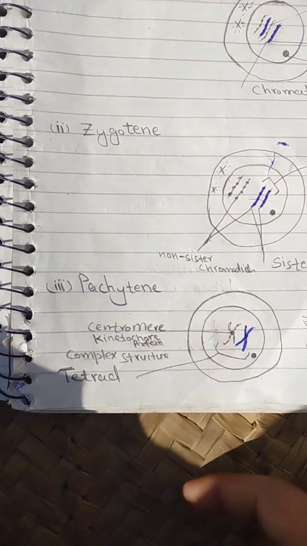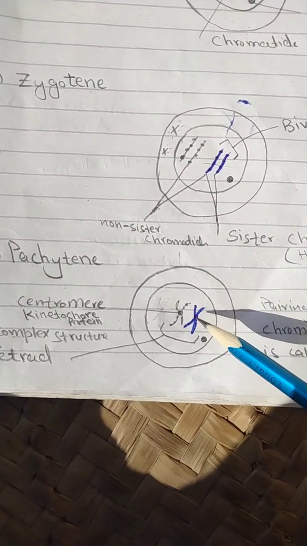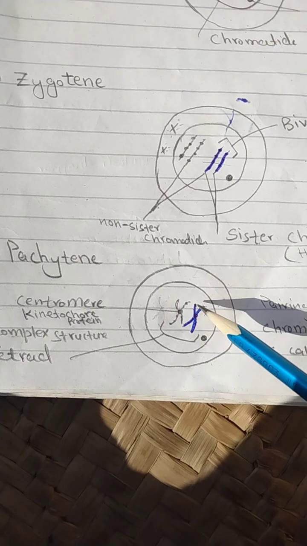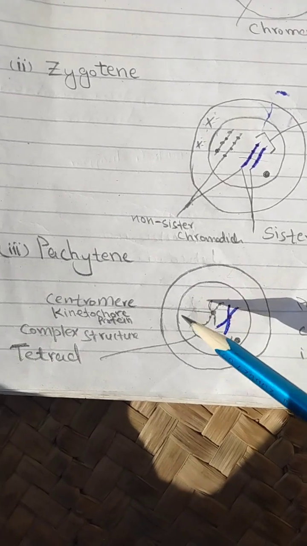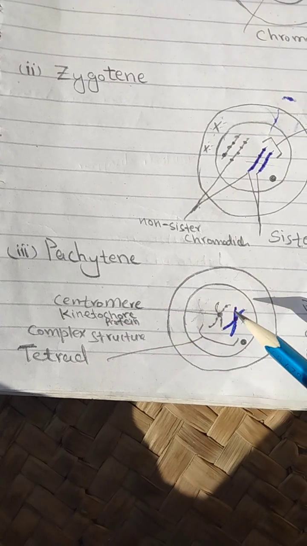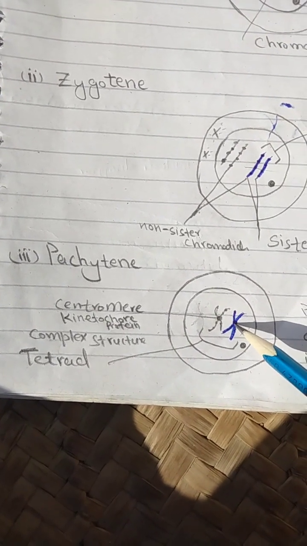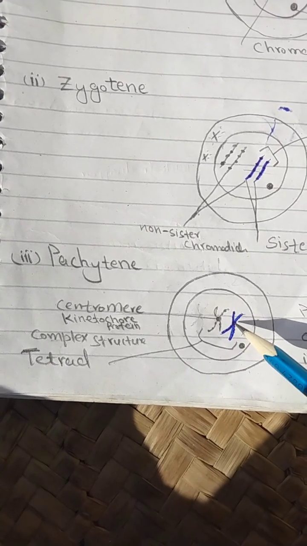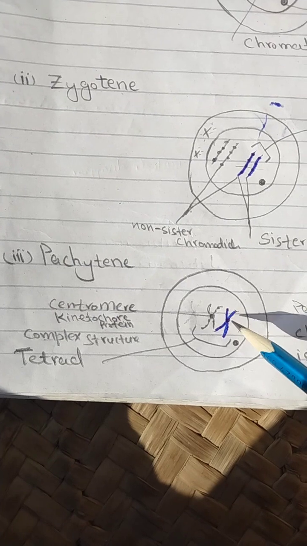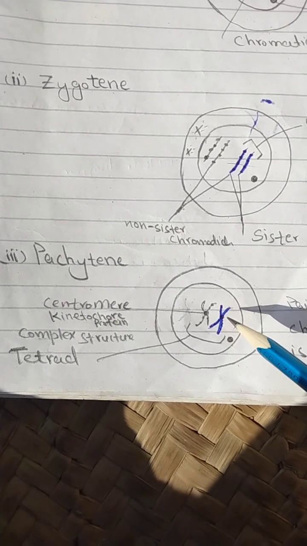In pachytene, the sister chromatids pair with each other with the help of a protein, the kinetochore protein. They pair with each other at the point of the centromere. At the centromere, the kinetochore protein pairs the sister chromatids with each other.